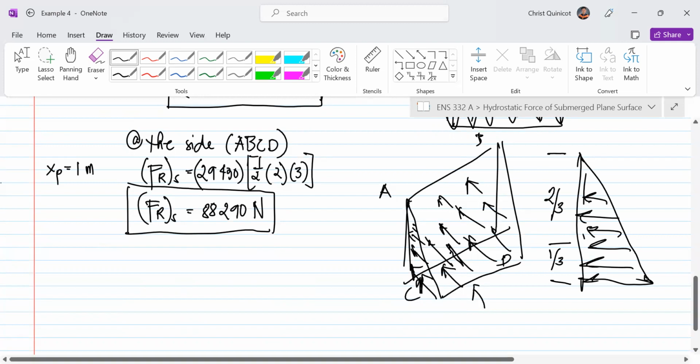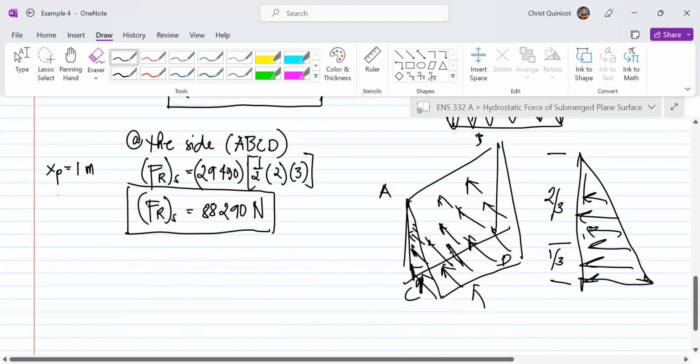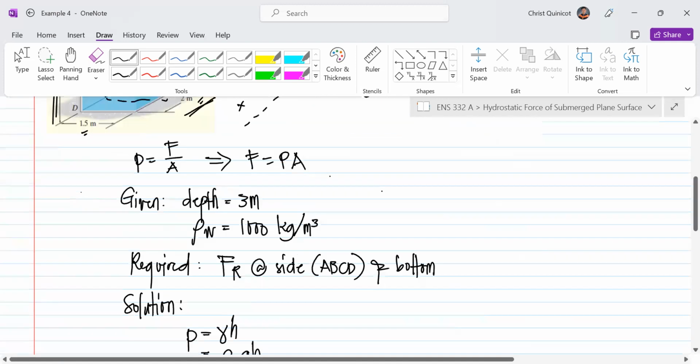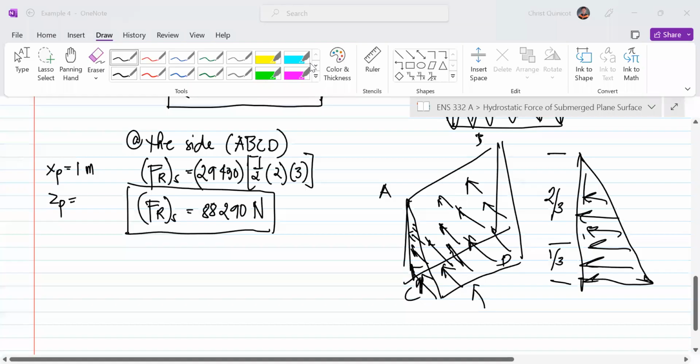So if we measure from the bottom, X sub P is equal to 1 meter and Z sub P is equal to 1/3 times the entire height, which is 3.